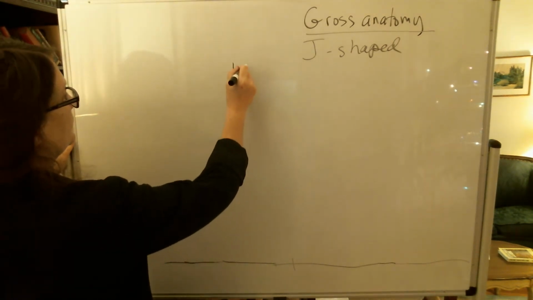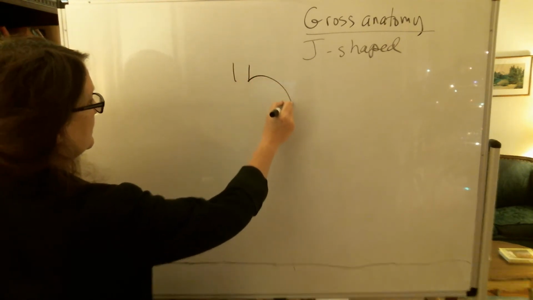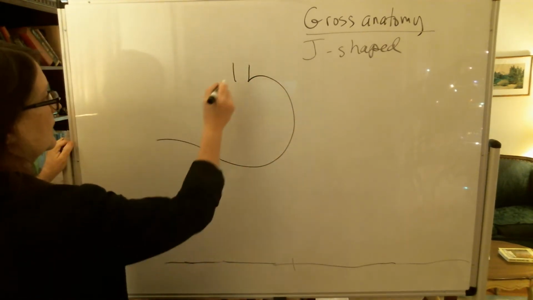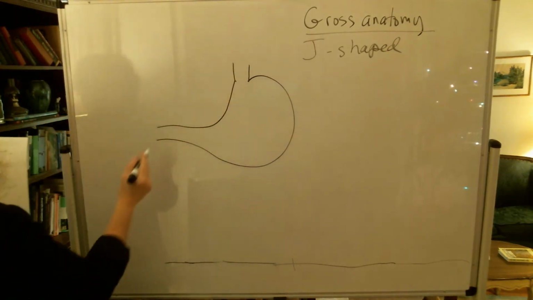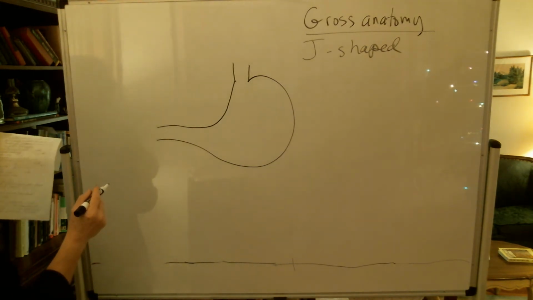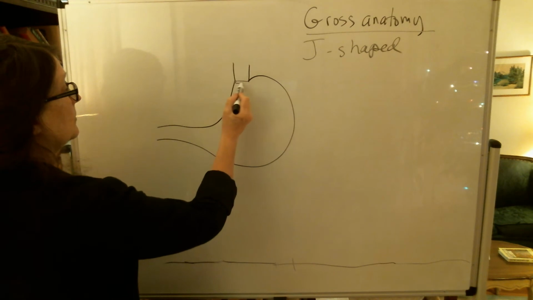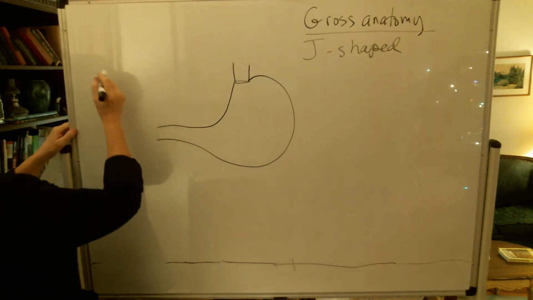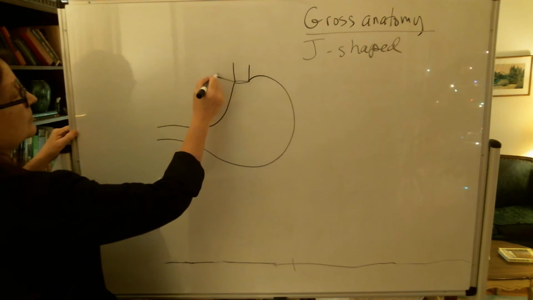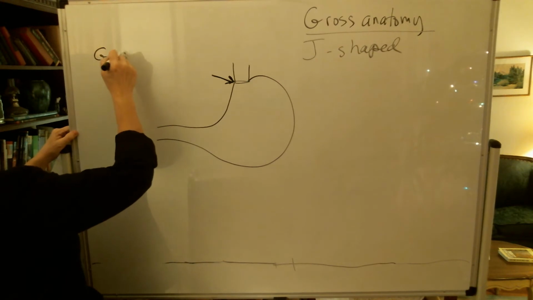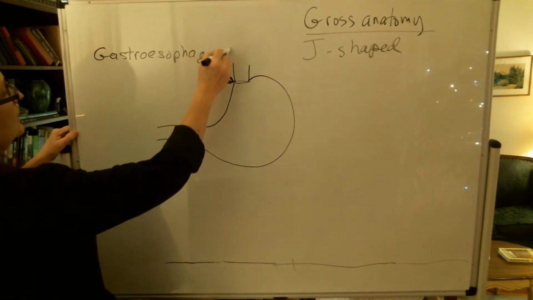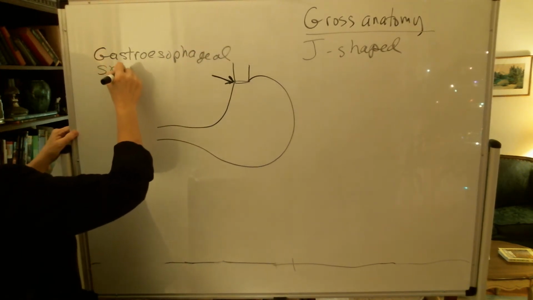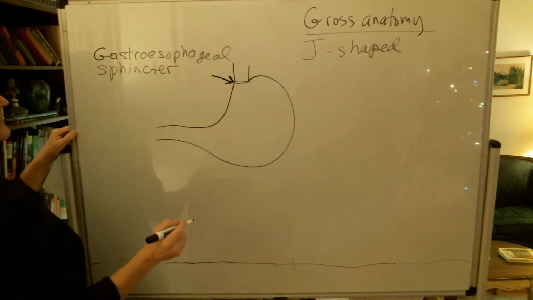Here we have the stomach. Okay, so as I said, a somewhat J-shaped organ. And then up at the top here, we have this item there, which is known as the gastroesophageal sphincter.